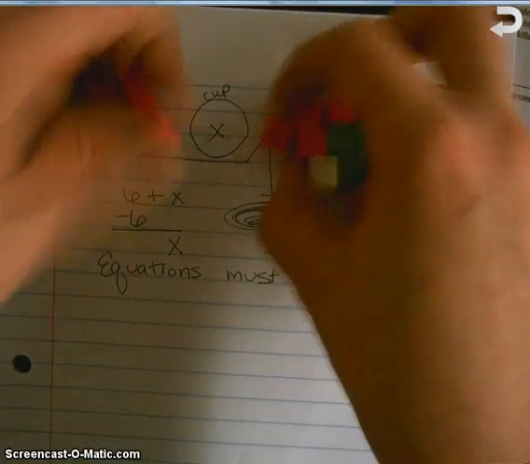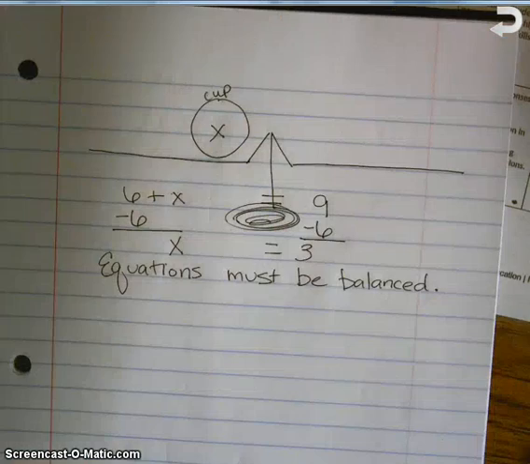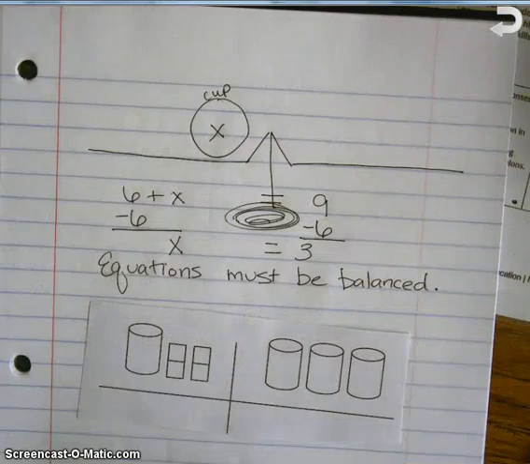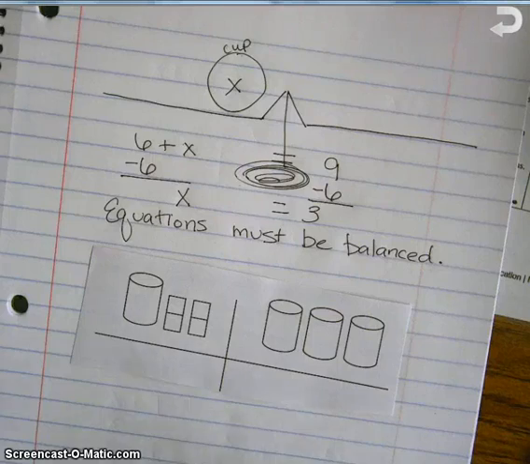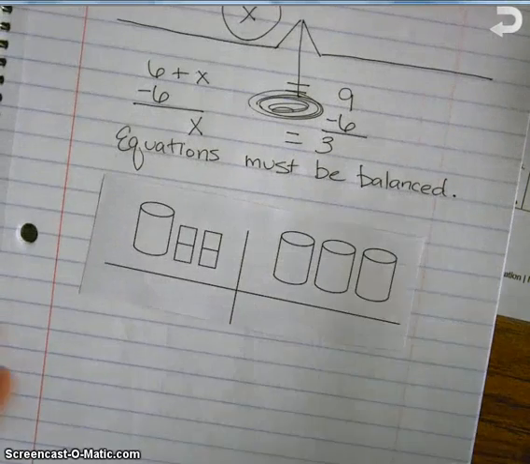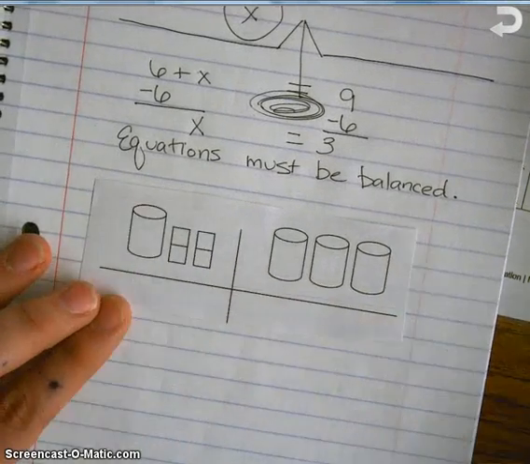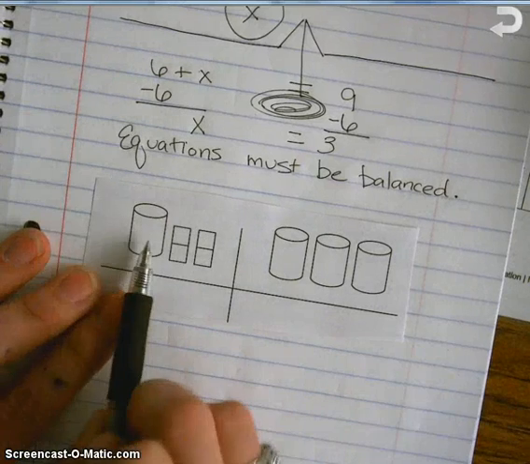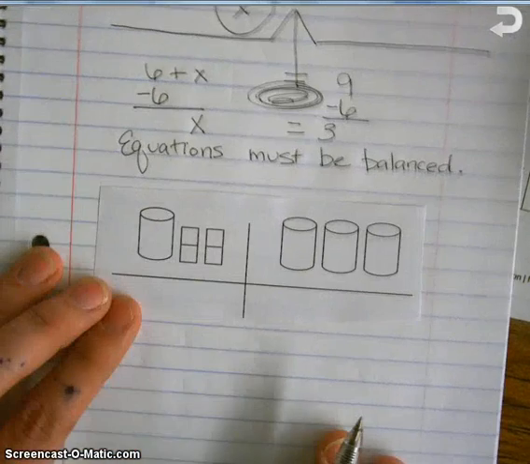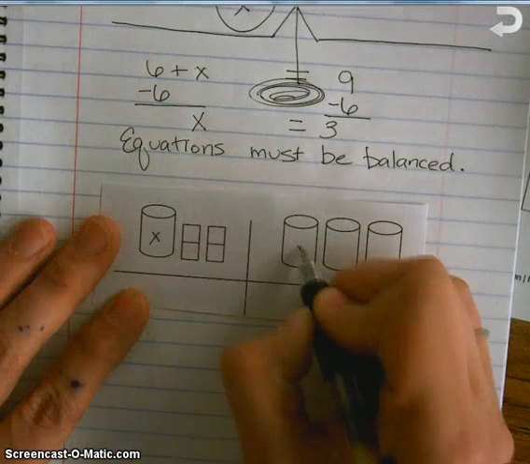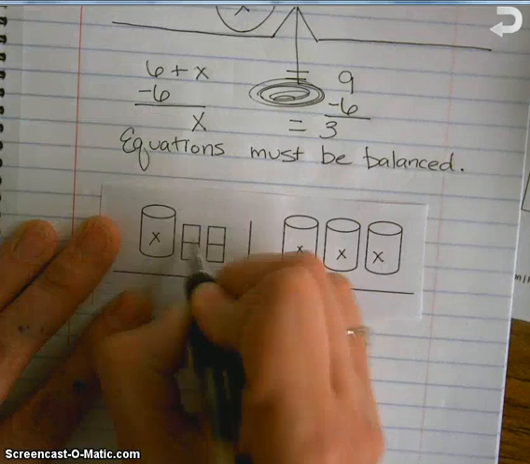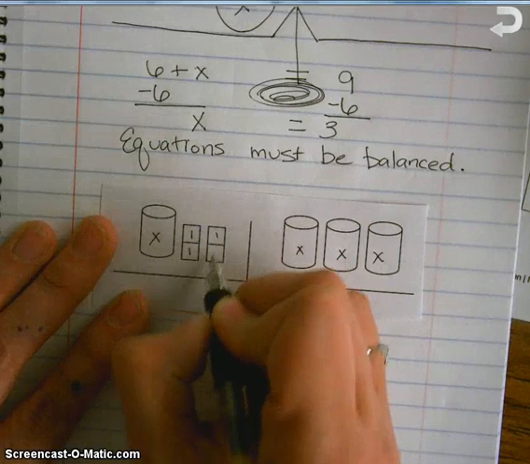Let's look at another one. Let's look at a picture this time. This time, I have some cylinders and some cubes in a picture. So I'm going to start by making sure I know that each cylinder represents an x and each cube represents 1. So I have x, x, x, x, and this is 1, 2, 3, 4.